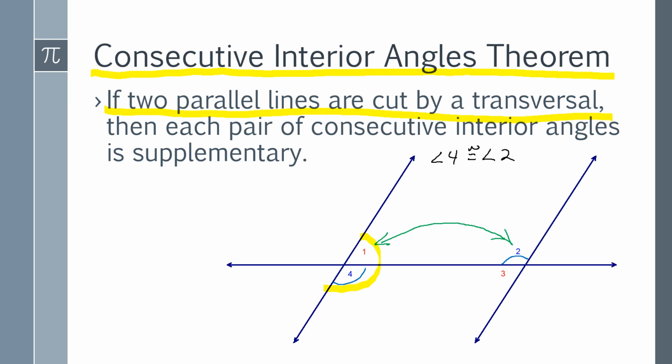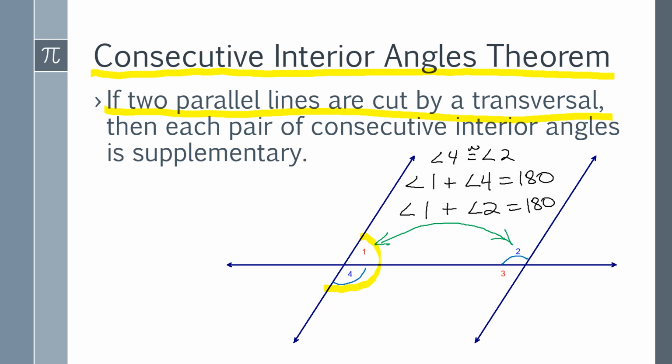And since they're a linear pair, we know that angle 1 plus angle 4 equals 180. Well, because 4 and 2 are equal, I can take 4 out and put 2 in, and I can say now angle 1 plus angle 2 is equal to 180.